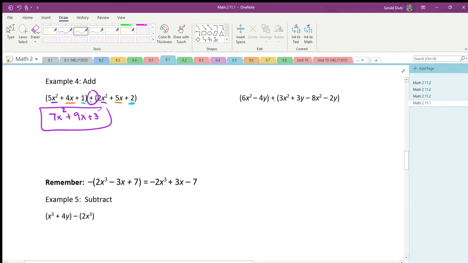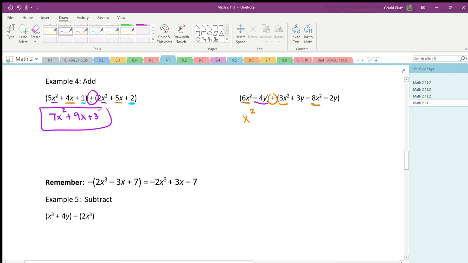Next, we got a plus sign in between the sets of parentheses. So that means I'm going to be adding the like terms. So 6x squared plus 3x squared minus 8x squared. So I got a 6 plus 3 is 9. 9 minus 8 is 1. So I'm left with 1x squared, or just x squared.